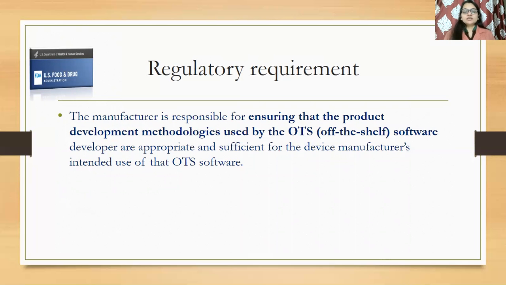The manufacturer is responsible for ensuring that the product development methodology used by the OTS software developer is appropriate and sufficient for the device manufacturer's intended use of that OTS software.